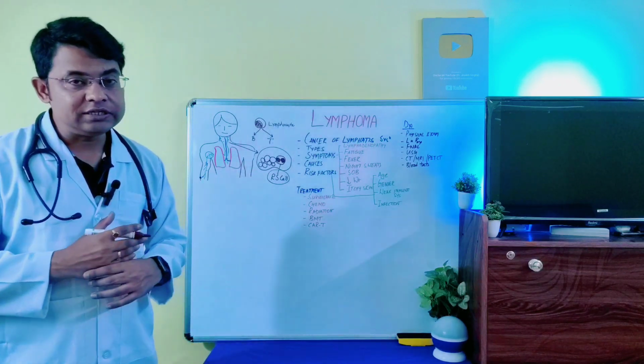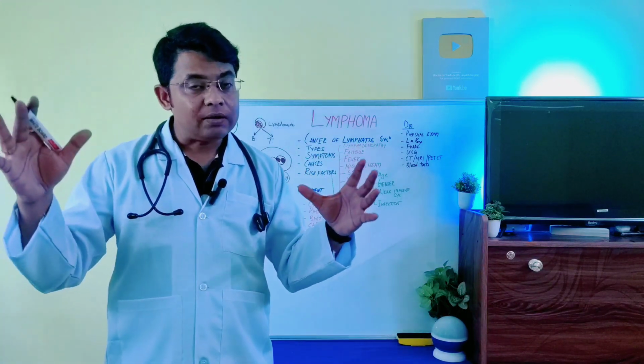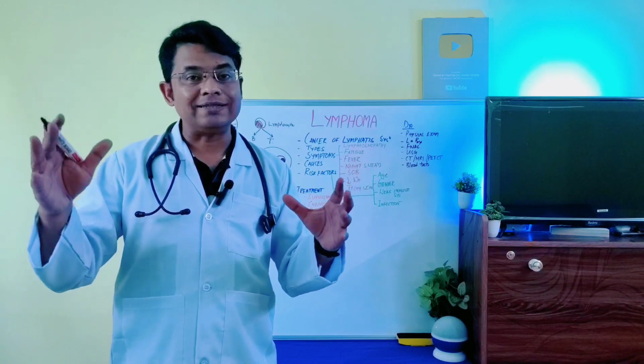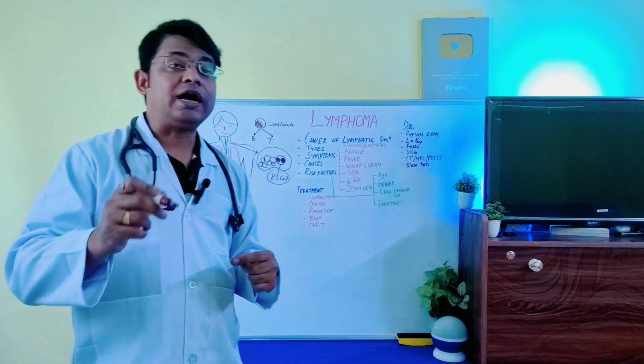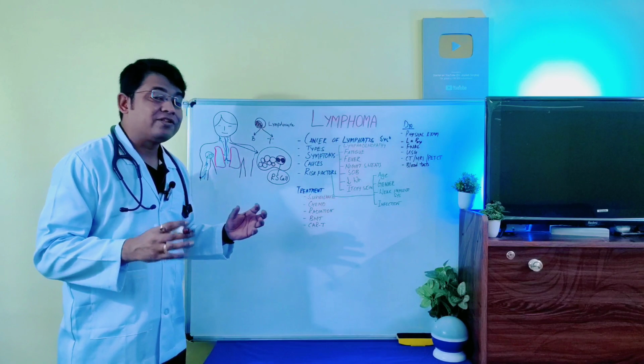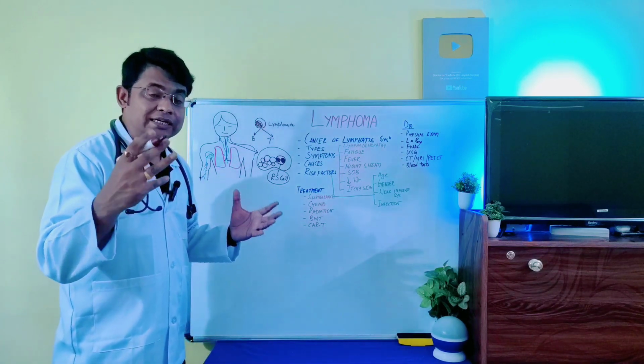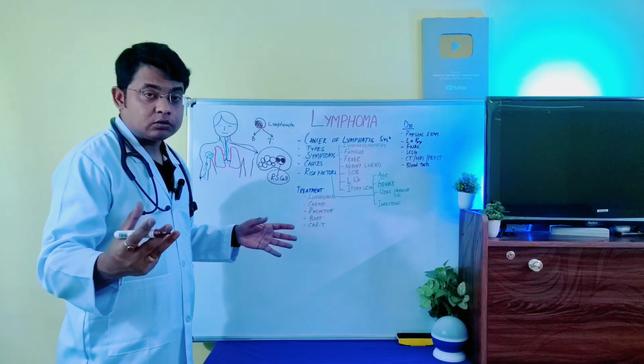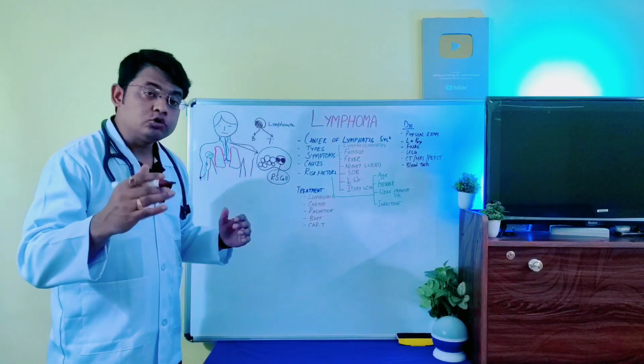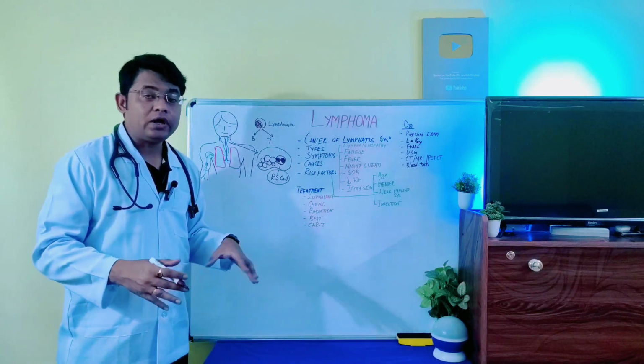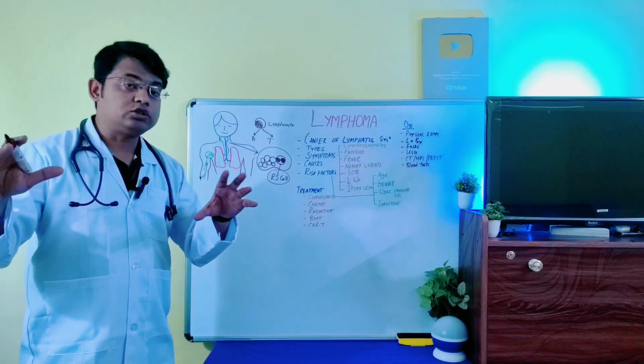This non-Hodgkin lymphoma can again be subclassified into a lot of other types, and there is variation in the clinical features, treatment response and severity among those subtypes of non-Hodgkin's lymphoma.